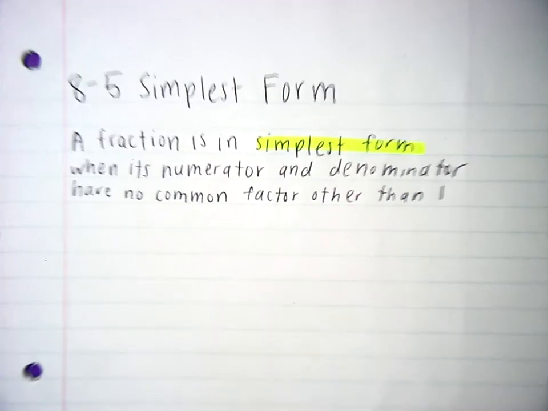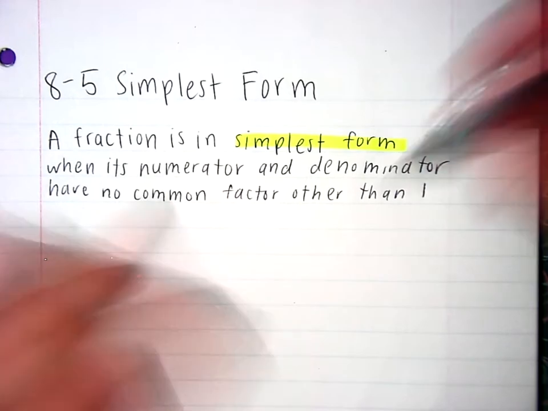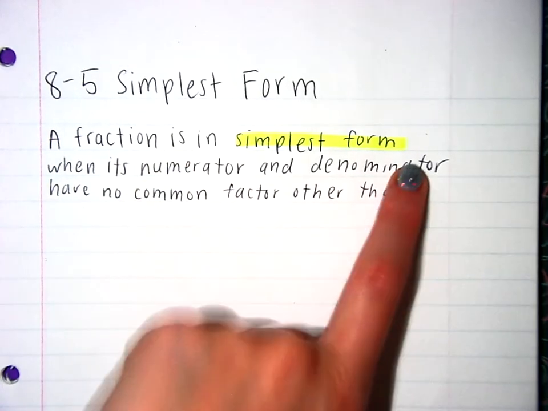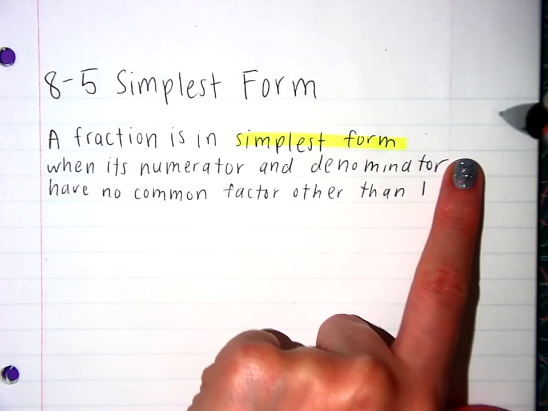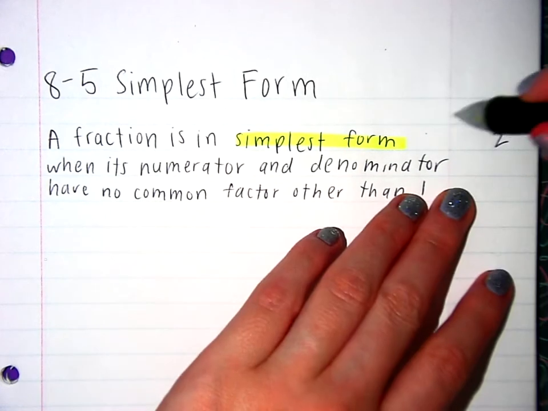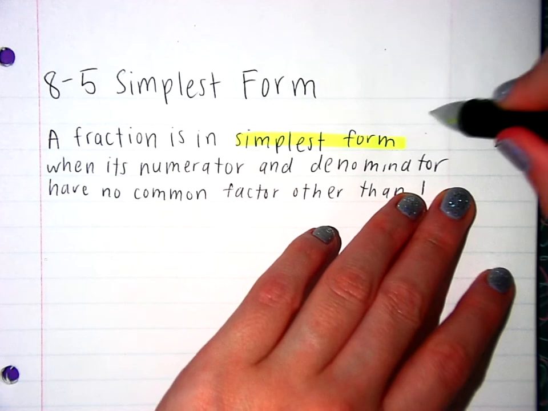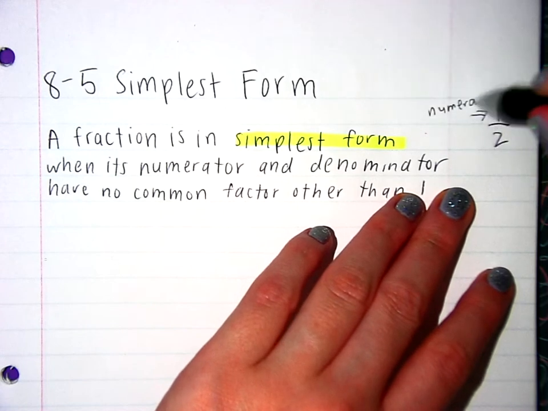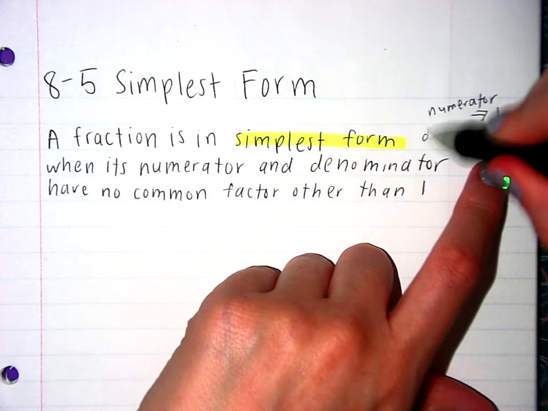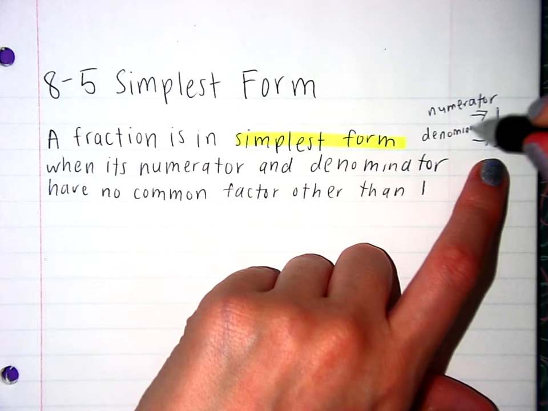Now, for a quick reminder, if you forgot what a numerator was or what a denominator is, I'm going to show you very quickly right here. 1 over 2. 1 is the numerator. 2 is the denominator. Remember the trick I taught you.